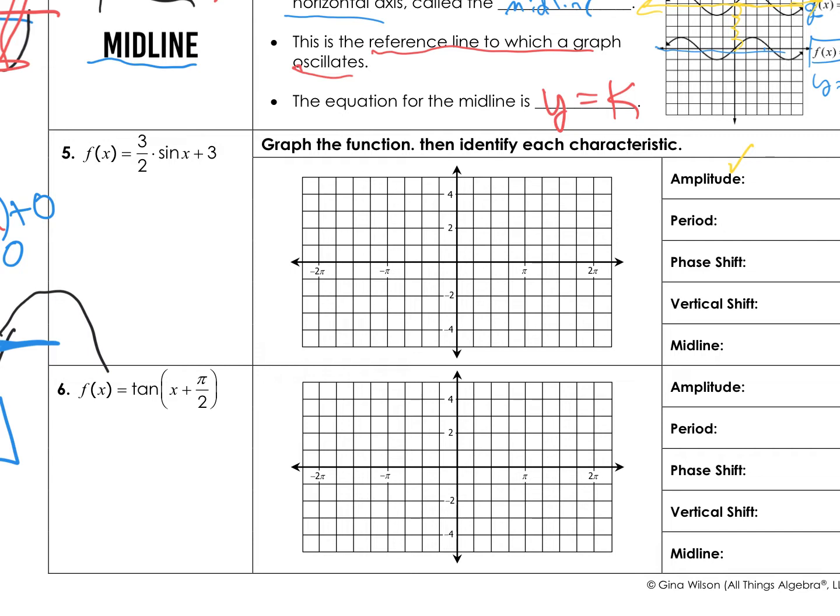So the amplitude is basically, in this problem, we can identify right here. Here's my amplitude. Period was how long, how many times I can go. I'll make that sound better. How long does it take for a full cycle?